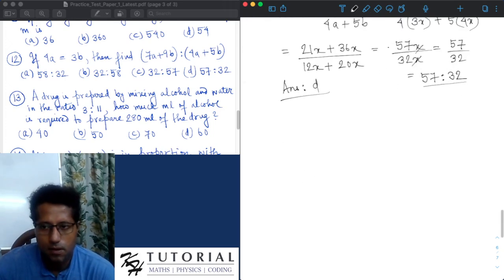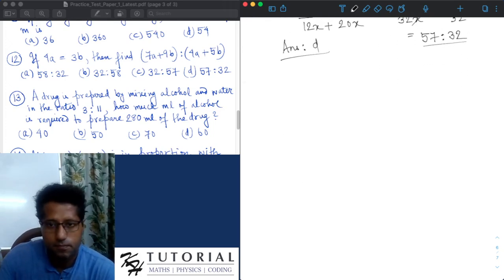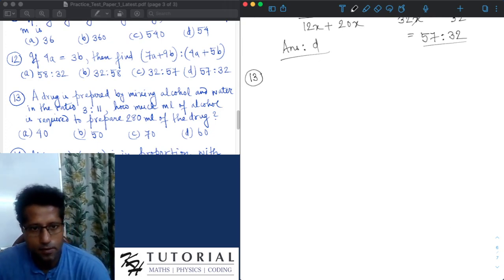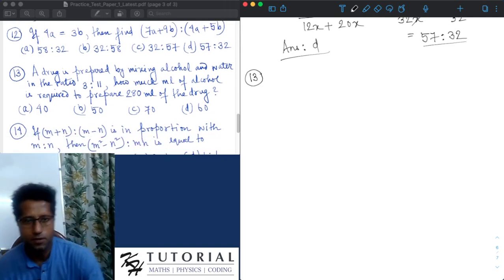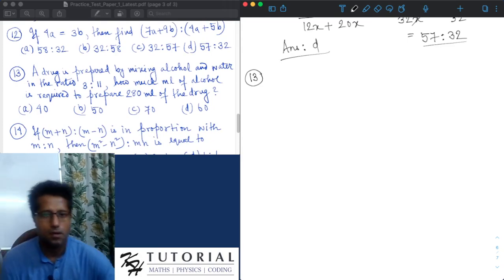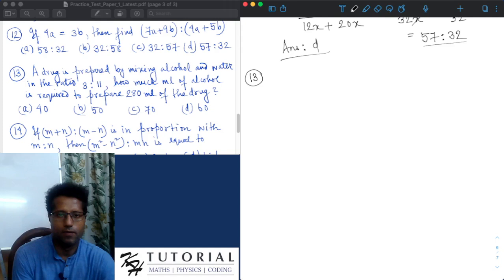Okay, let's do problem number 13. It says that a drug is prepared by mixing alcohol and water in the ratio 3 is to 11. How much ml of alcohol is required to prepare 280 ml of the drug?